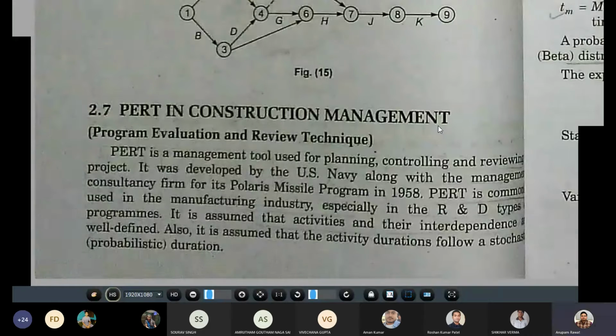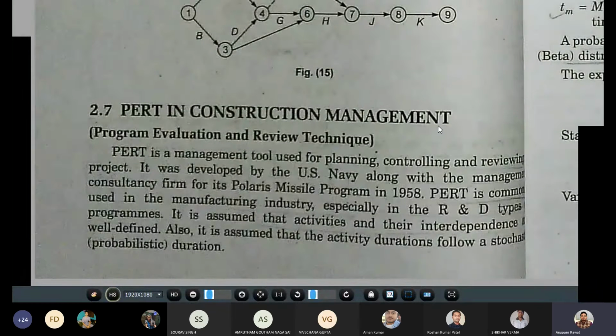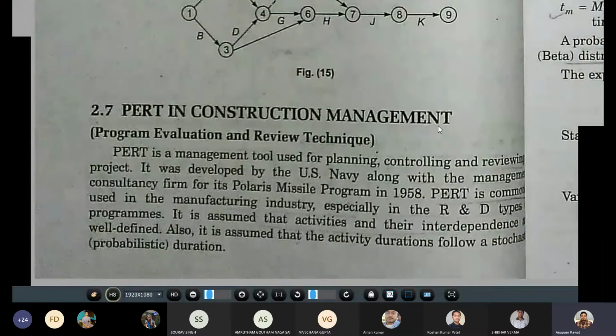This is a management tool used for planning, controlling, and reviewing the project. It was developed by the US Navy along with a management consultancy firm for the Polaris missile program in 1958. PERT is commonly used in the manufacturing industry.